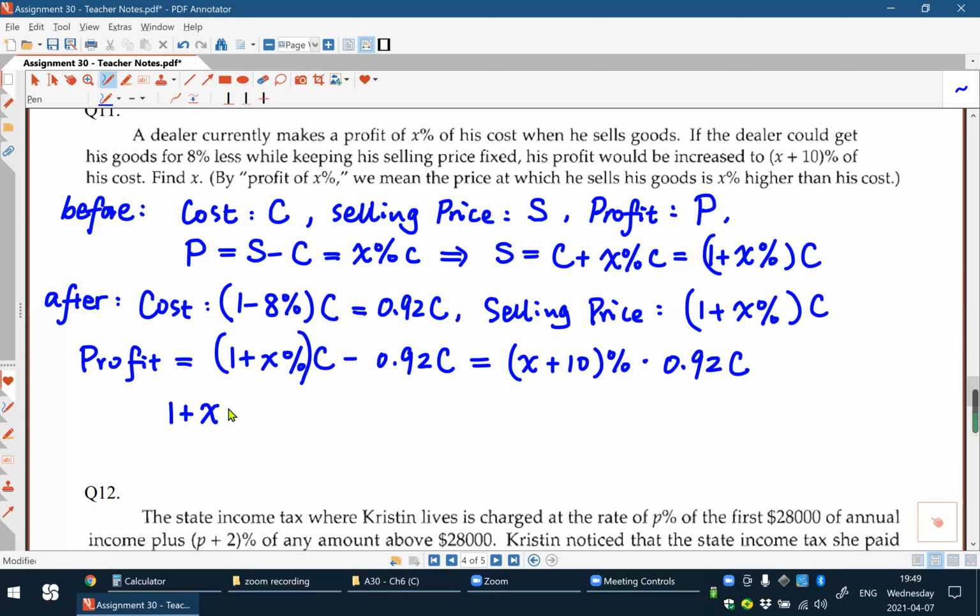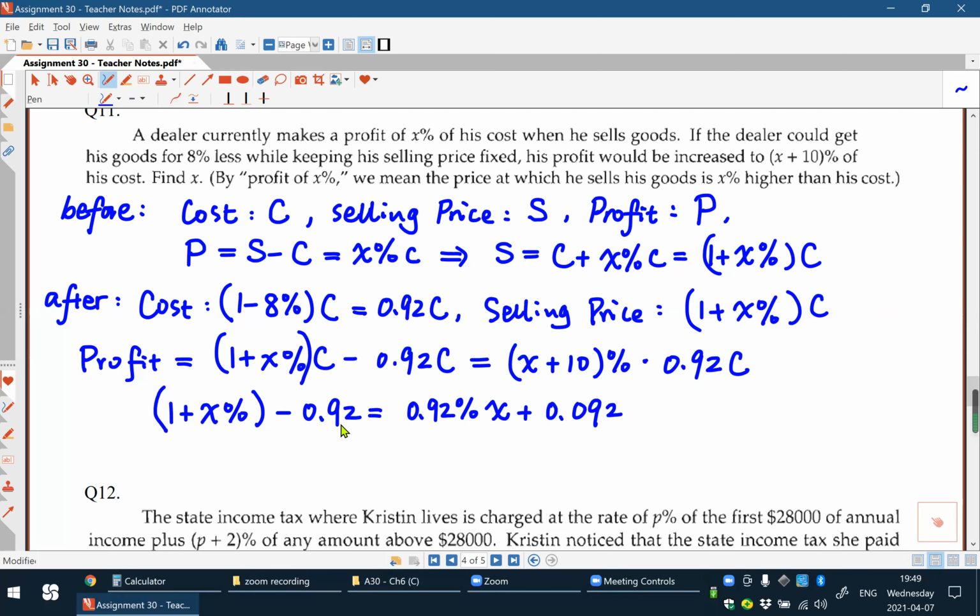So in this way, we will get 1 plus X% minus 0.92 equals 0.92 times X% plus 0.1 times 0.92, right?